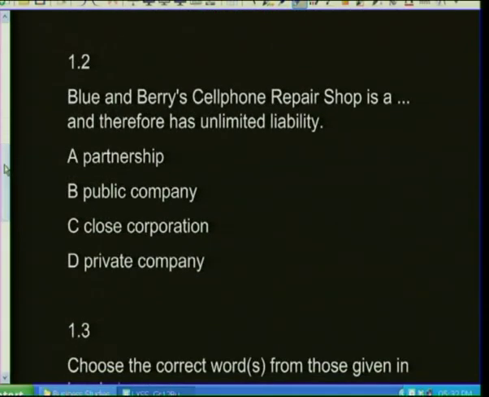Blue and Berry cell phone repair shop is a... Now we need to choose a form of ownership. But they give us a clue here. It says, and therefore has unlimited liability. Grade 12s, let's think back. What is unlimited liability? It says there is no limit to what I can lose in this partnership.